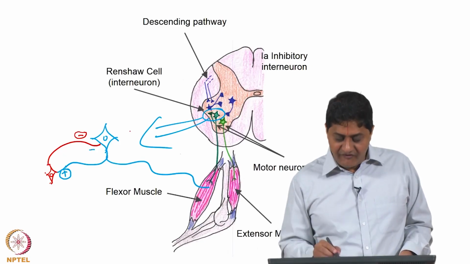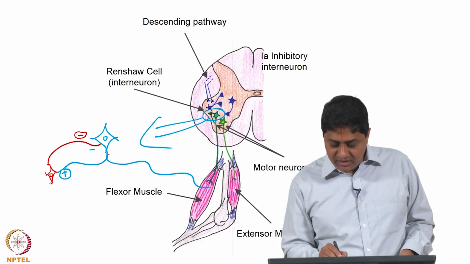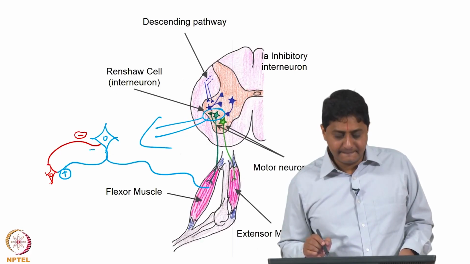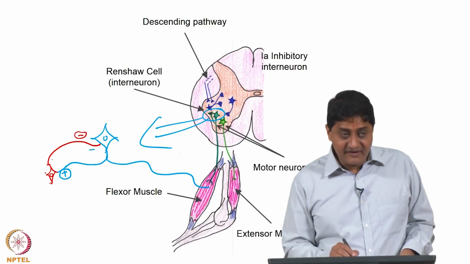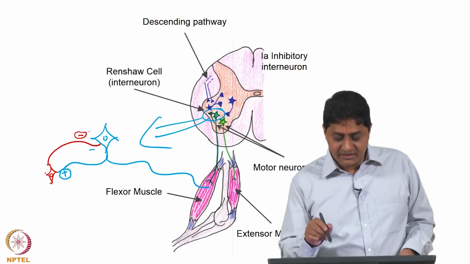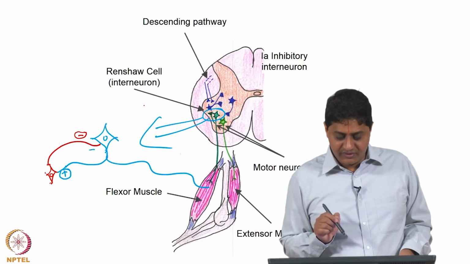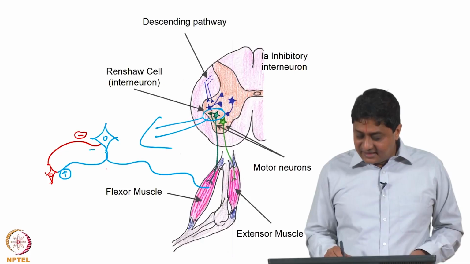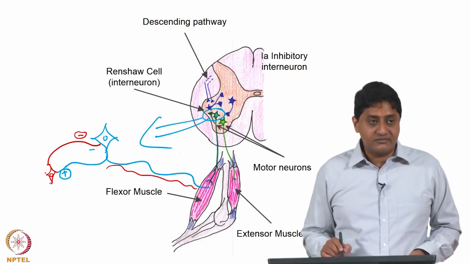What does this mean? Whenever this motor neuron is activating the muscle, it activates an interneuron that inhibits the motor neuron that activated it. Why would this happen? You cannot keep increasing the excitation to the muscle forever.